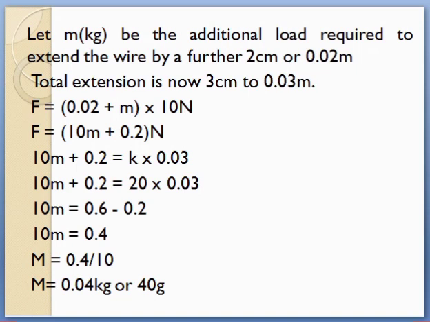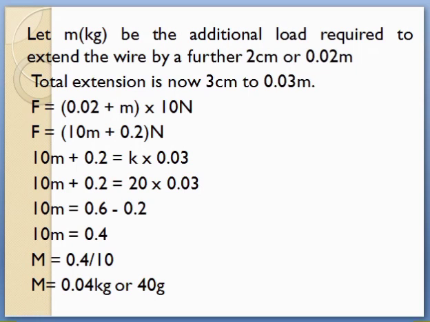Which means our force is now given as 0.02 plus M times 10. So we now have our force to be given as 10M plus 0.2 Newton. By substituting the value of force and the force constant that is known into the equation, we end up having it as 10M plus 0.2 is equal to 20 times 0.03.